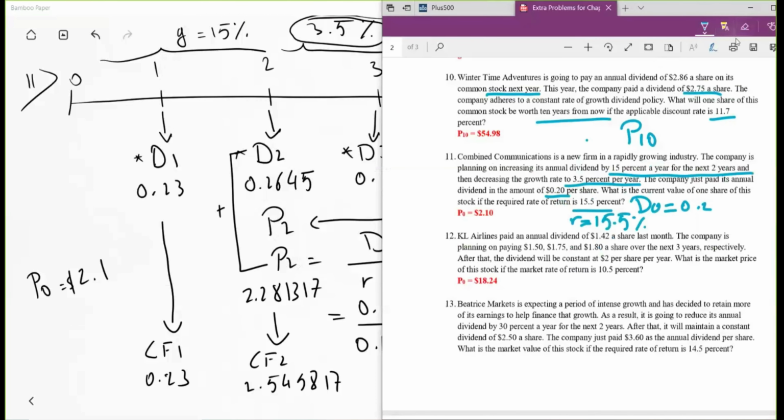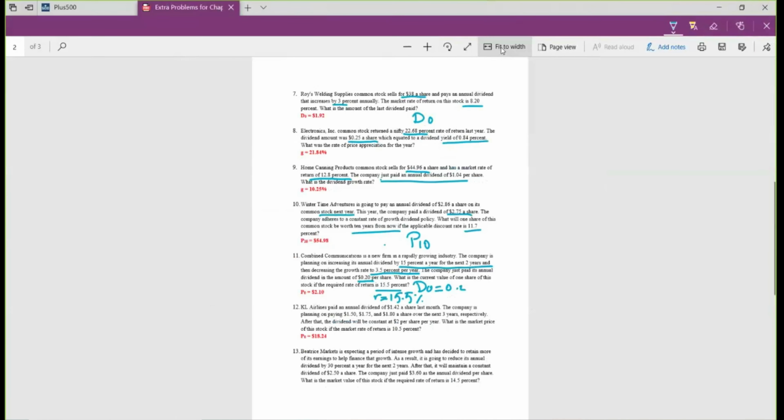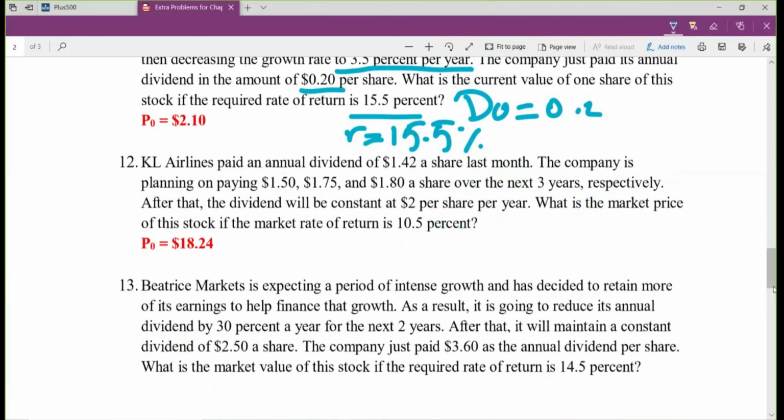So now if I go back to problem number 12, so now I have KL Airlines paid an annual dividend of 1.42 a share last month. This is D0.